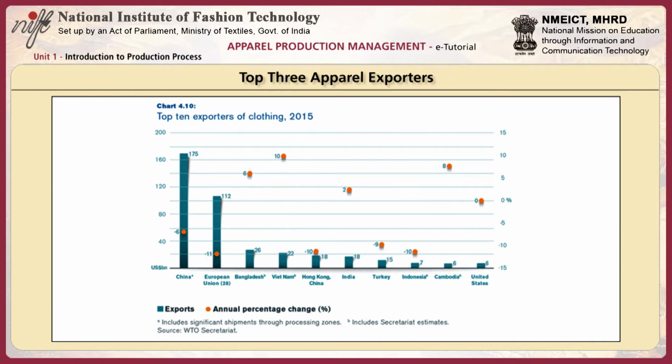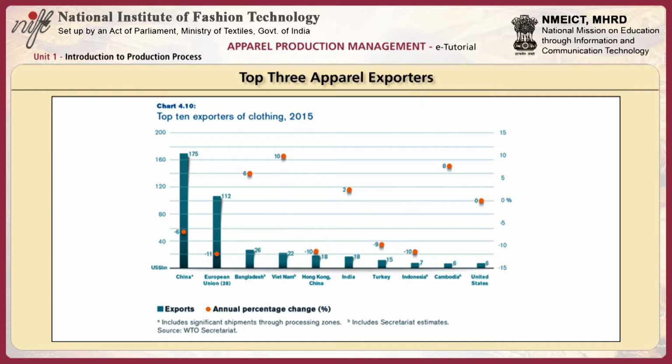If we look at this chart, which is published by the World Trade Organization, we can see the top 10 exporters of clothing, that is apparel, in the year of 2015. The highest exporter is the country of China.